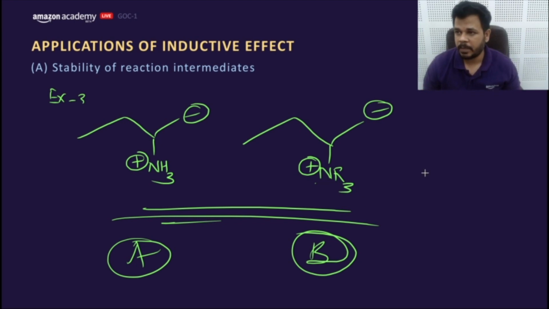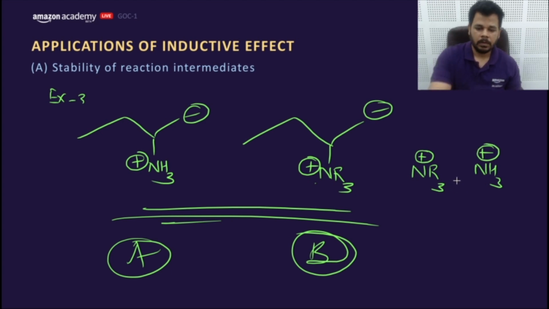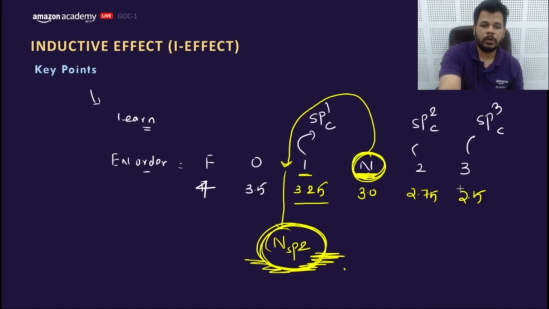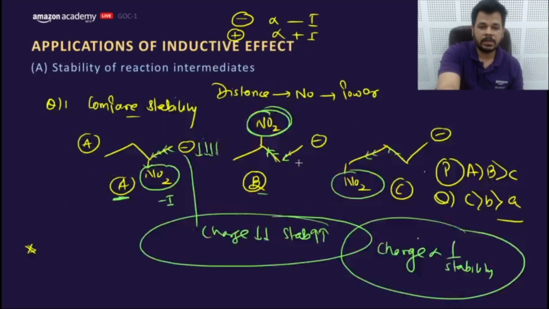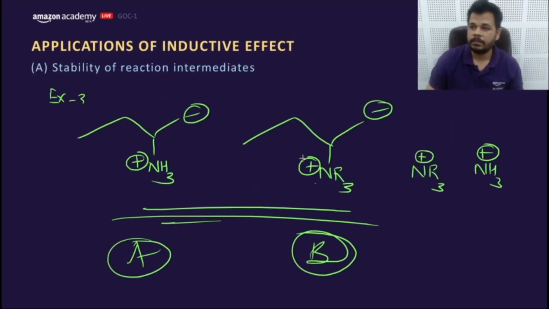Considering the exception, my dear friends, you need to consider the exception. Which of these two has higher electron withdrawing effect? Let's get back to the order. You can look here. NR3 has relatively more minus I compared to the NH3 plus. So considering this, you need to answer now. Minus I of NR3.